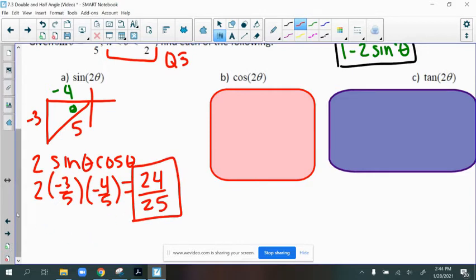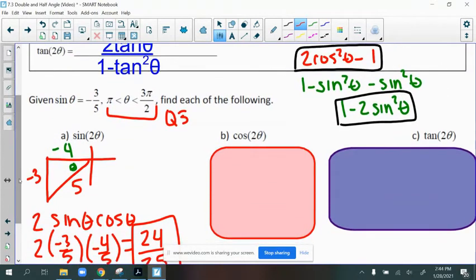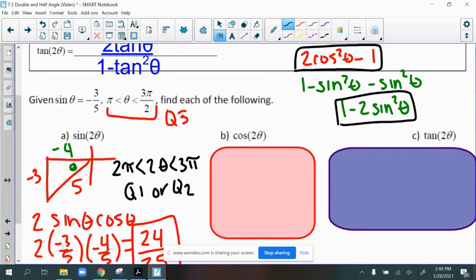Okay. One thing I want to point out is if I were to double this angle, and remember I can do that. So if I wanted to double my angle, that would imply I was between 2 pi, 2 theta, and 3 pi, which was quadrant 3, which means now I'm in between quadrant 1 or quadrant 2. Okay.